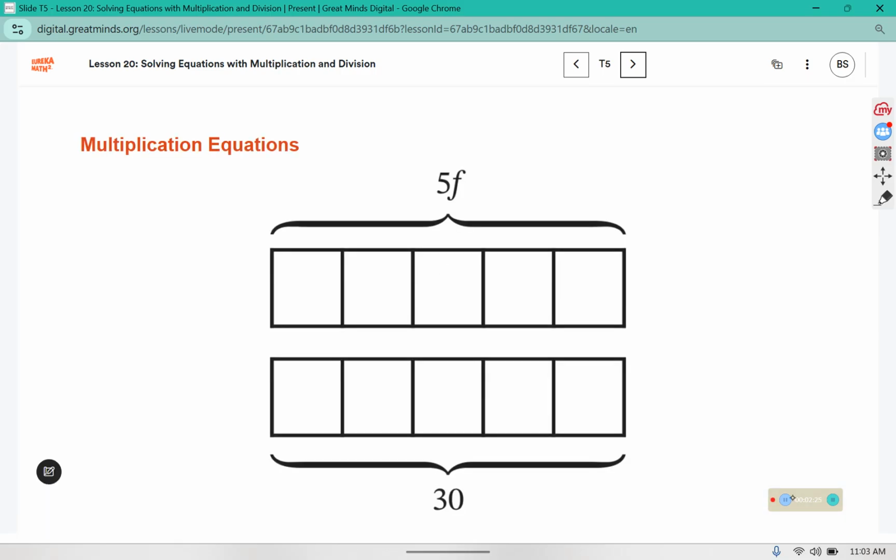Each of these would represent f, so we would have 1, 2, 3, 4, 5f. And then we'd have to figure out, well, what is 30 split into 5 parts? So f goes in each box, and then 6, because 6, 12, 18, 24, 30. So f equals 6.